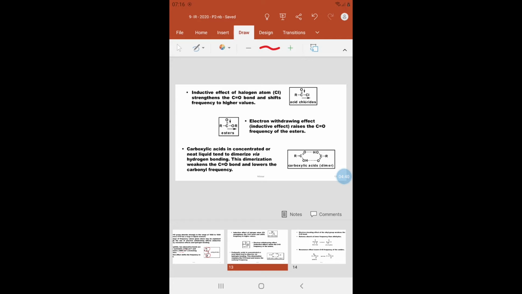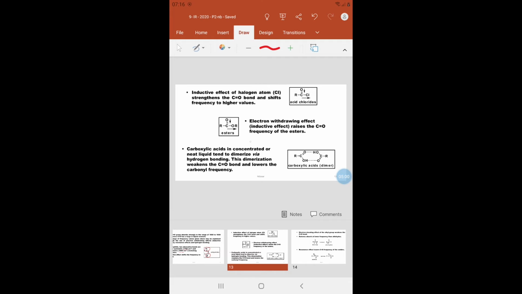Why? Because the Cl pulls electrons from the C double bond O, which makes the C double bond O become C triple bond O. Remember, a triple bond vibrates at a higher frequency compared to a C double bond O. So this is the reason why.